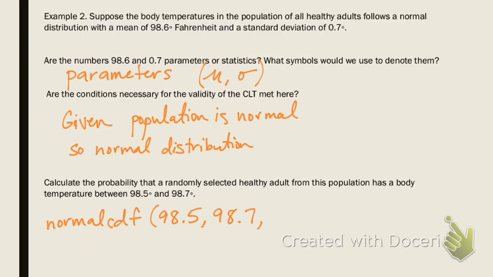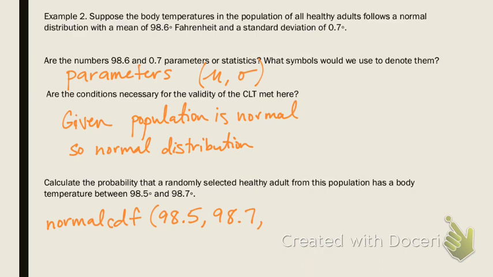Are the conditions necessary for the validity of the central limit theorem met here? The answer is yes, because in the problem, remember I said there's two ways that you get a normal distribution. Either it's given to you, or your sample size is greater than or equal to 30. It doesn't tell me a sample size here.